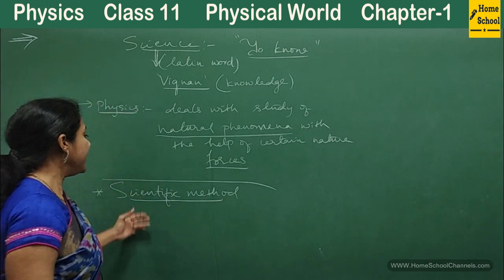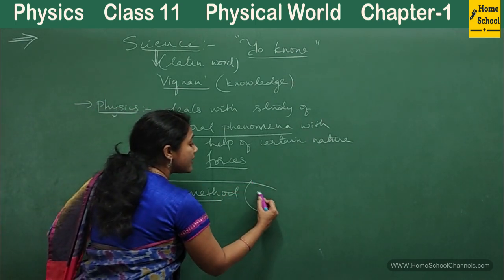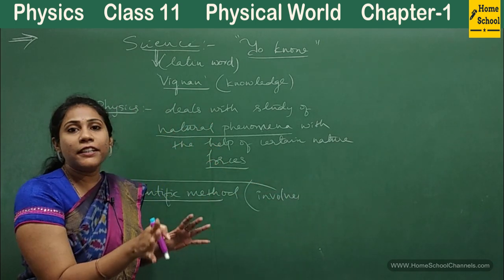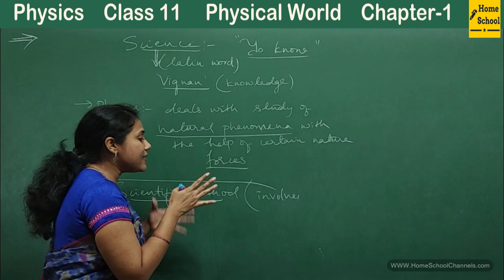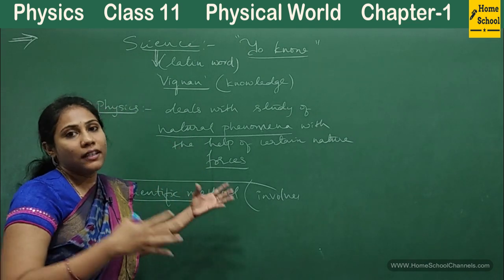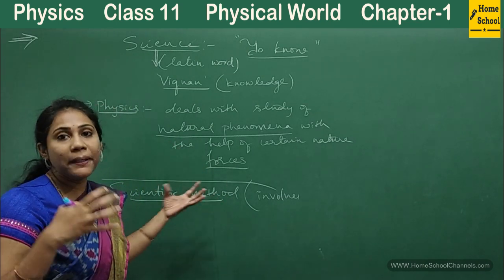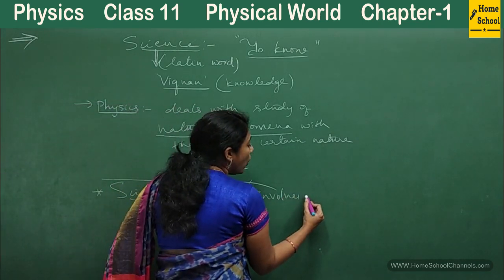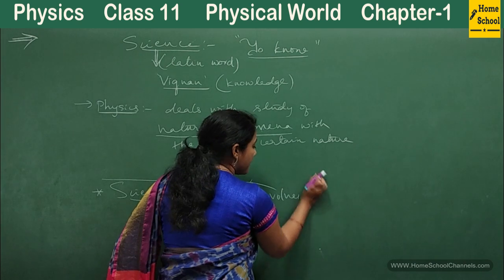It involves certain steps, right? Whichever natural phenomena you want to study, you must study with proper steps, with a proper method. That method is the scientific method, and it involves certain steps.